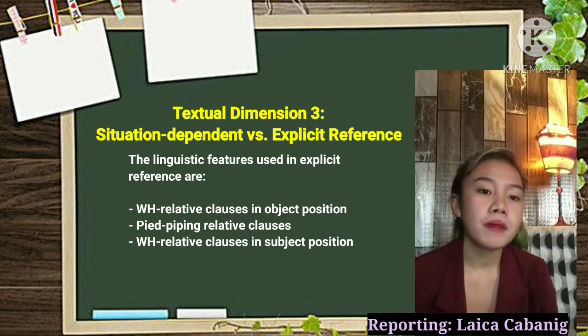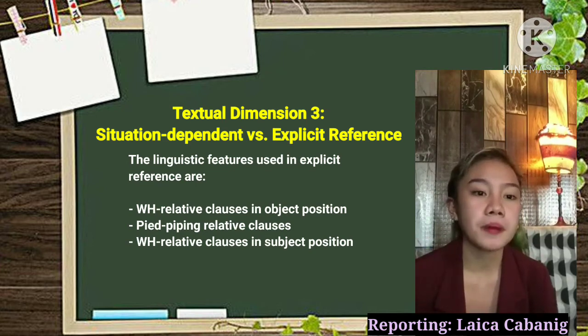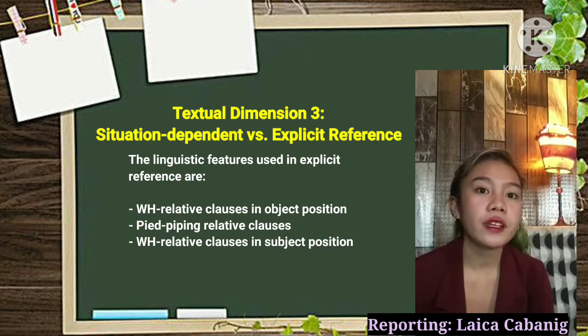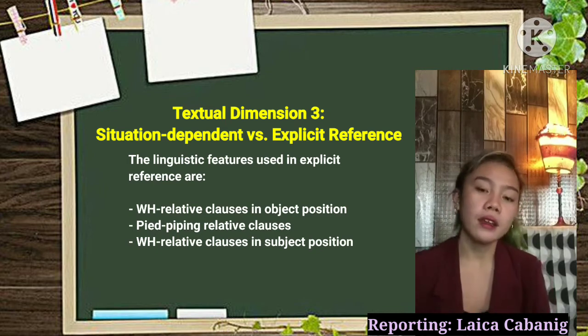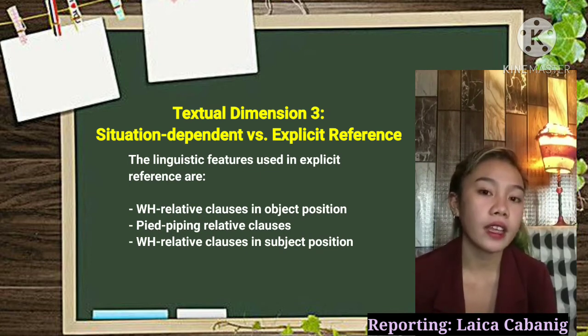The pied piping mechanism is more flexible in relative clauses in English than in interrogative clauses because it can pipe material that would be less acceptable in the corresponding interrogative clause. An example is the manner in which he was told, or she laughed because of the face you made. And lastly is the relative clause in subject position. An example is the man who likes popcorn. It tells us more information about the man, that he likes popcorn.